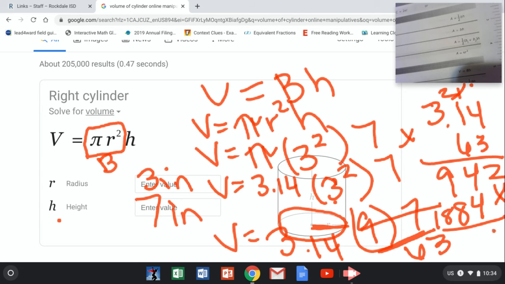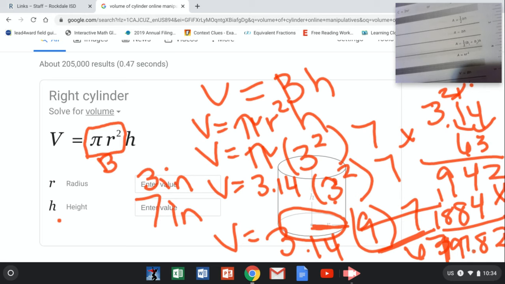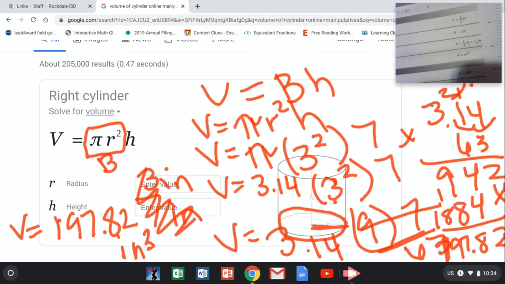I'm going to add them together. 2, 8, 17. Carry the 1, 9, and 1. So my decimal is 1, 2 over. So 197. So volume equals 197.82 inches cubed.